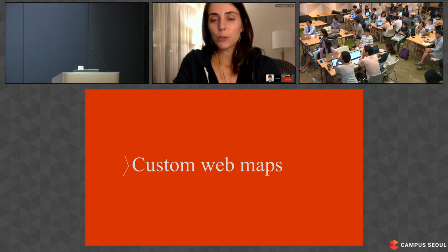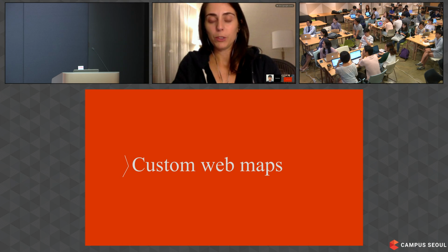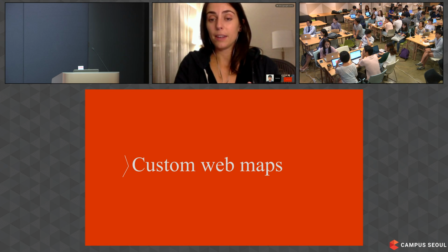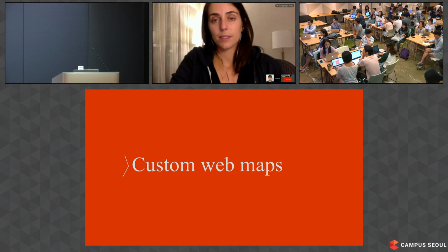So the first one here is we want to first look at Google's tools for building interactive web maps. So things that you can build and then embed on your websites.